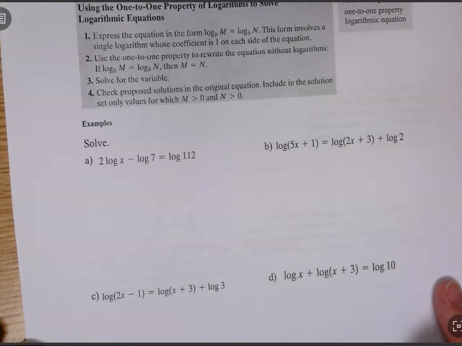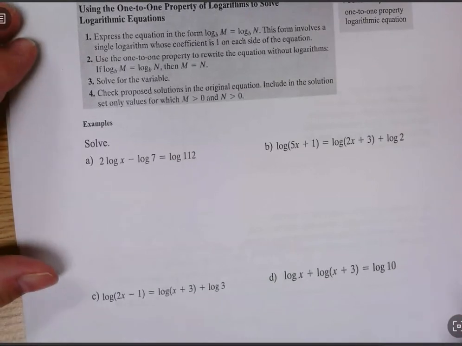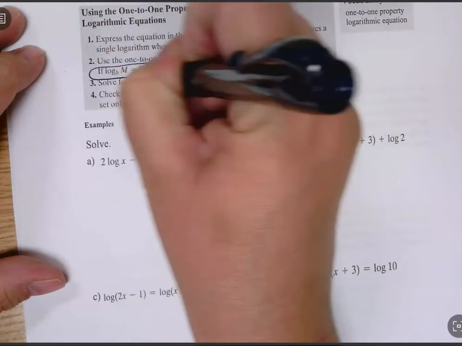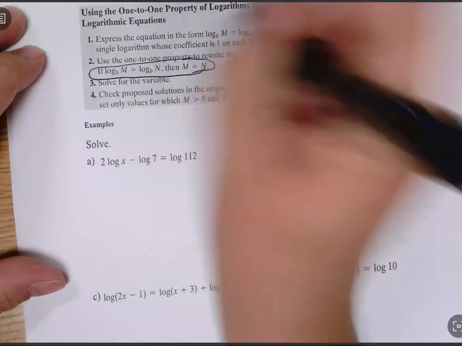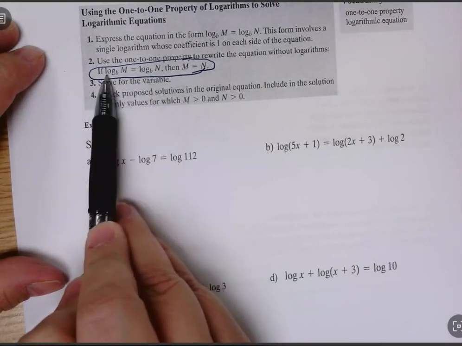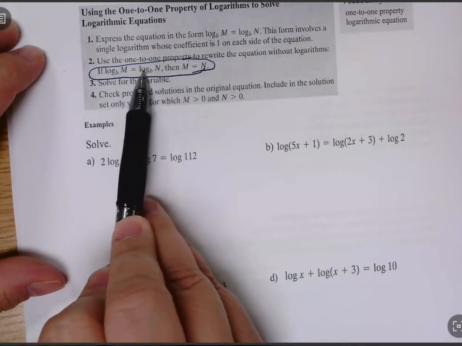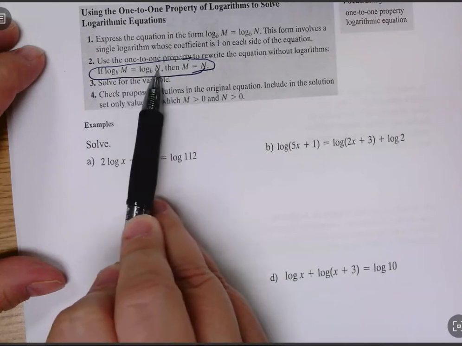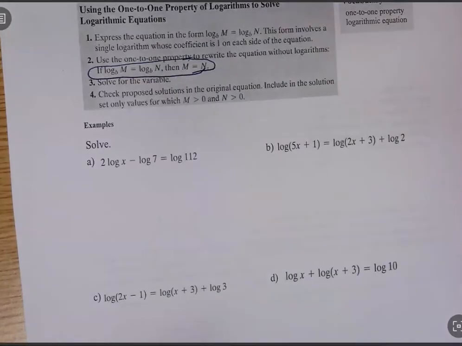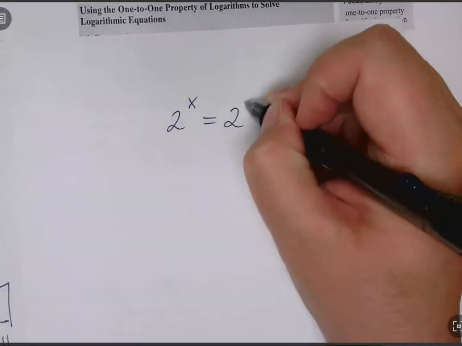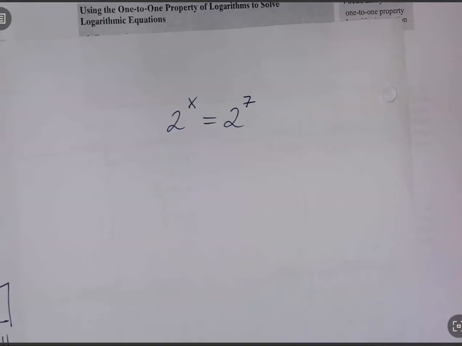And we're using what is called the one-to-one property of logarithms, or the fact that it's one-to-one, to say this. If I can get two logs, basically the same base, log base whatever of m equals log base whatever of n, then these two things have to be equal. It's a lot like when we said if you have 2 to the x equals 2 to the 7, then x must equal 7.